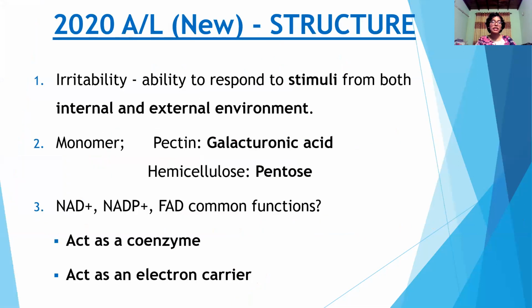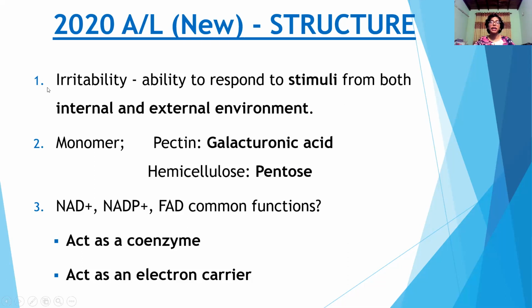Okay. So yes, these are the questions from your first question. You have 4 questions in structure paper, and these questions are from the very first question. So the first question, A part, is: what is irritability?